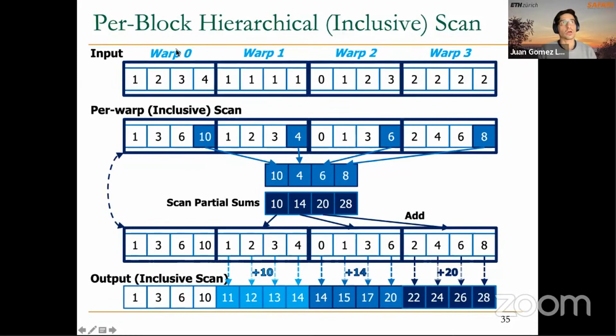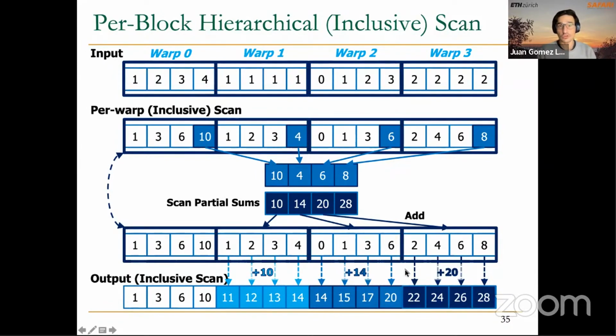First of all, we perform the per-warp inclusive scan for warp 0, per-warp inclusive scan for warp 1, and so on. We obtain these partial sums, these partial reduction values here. We scan them, and then we propagate the results of this scan of partial sums, which represent a kind of offset, to each of the individual warps to perform this final addition and obtain the result.